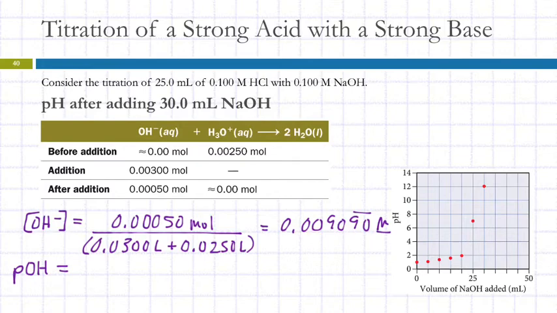I take that concentration I just calculated, take the negative log of that. So I've got 2.04, and the pH will equal 14 minus that, 11.96.